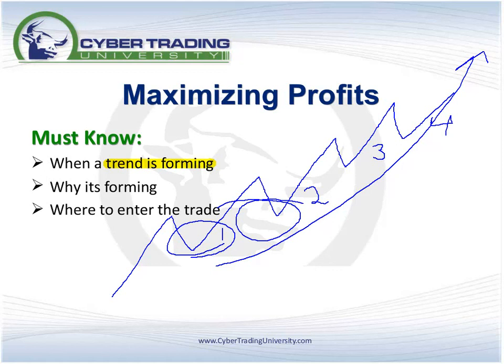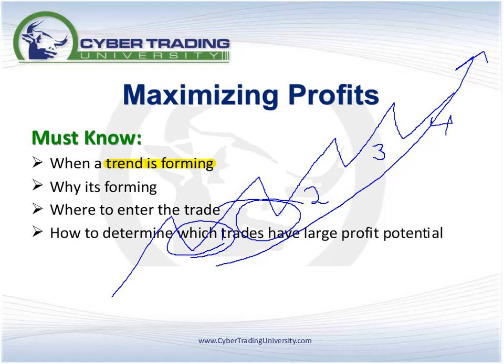That's what causes us to get stopped out of our trades, when we don't know exactly where to enter the trade. At what point is it the optimal time to take the trade? So these are all things that we need to know.